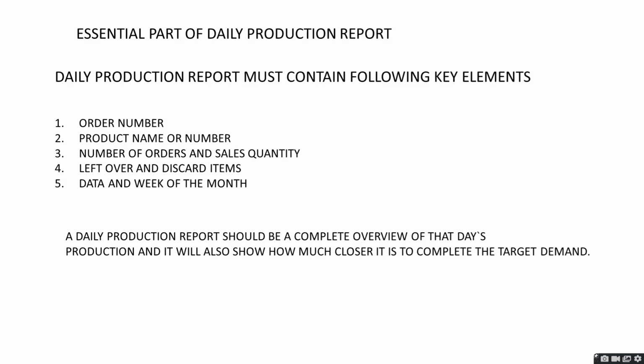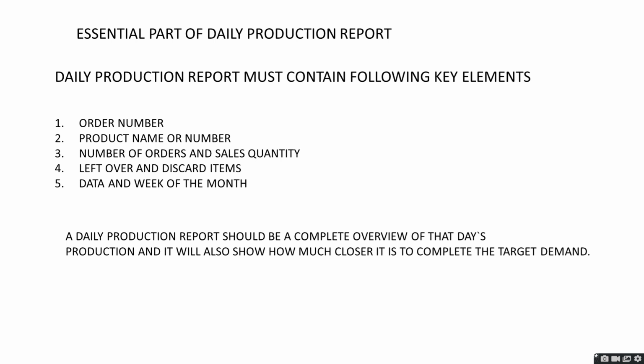So what I usually do is put the order number or product name, product number, number of orders and sales quantity per day, per week, per month, all right, and leftovers and the items that you discard, and then you account for everything with the date and week of the month. So basically, you are keeping daily records of your production report.